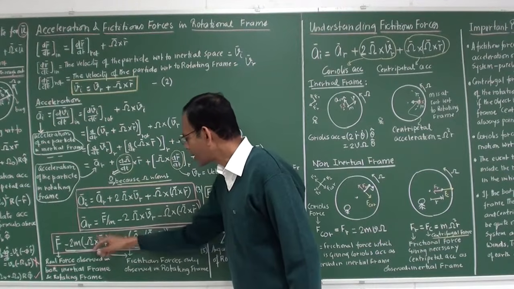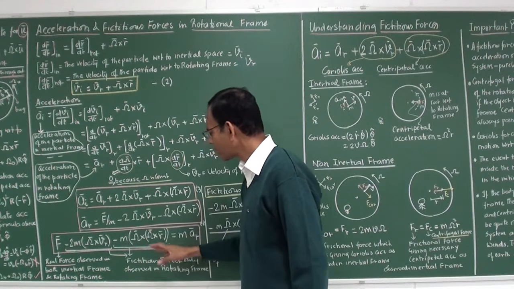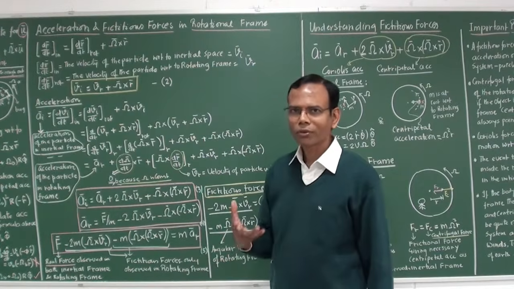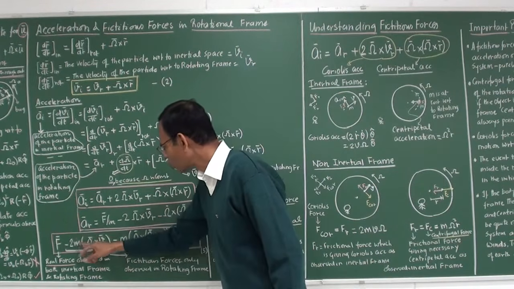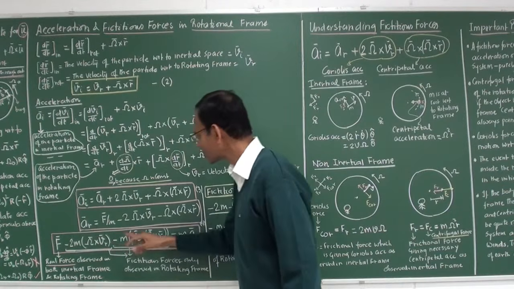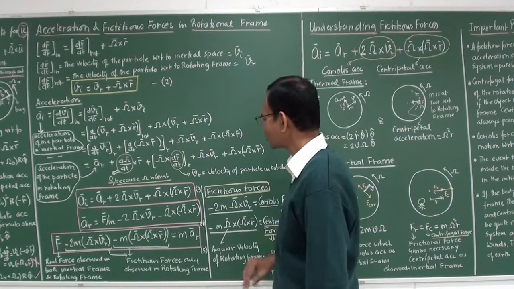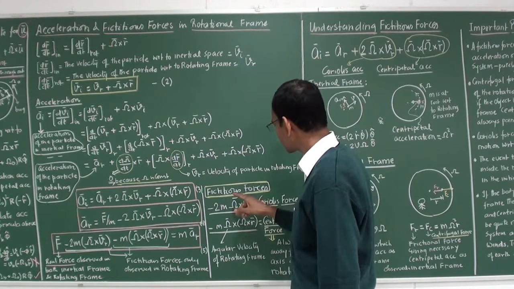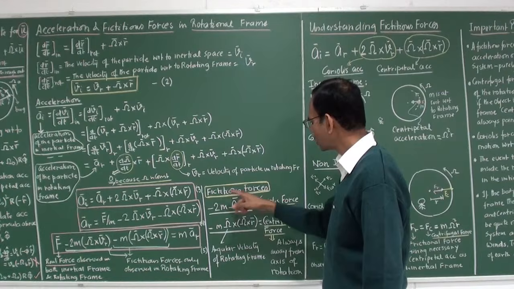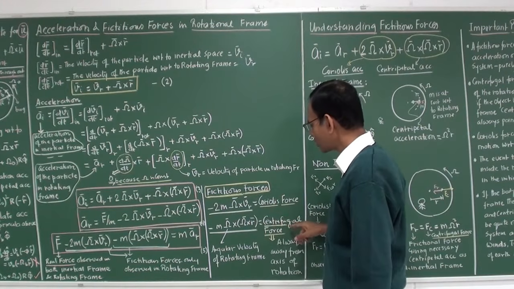These two expressions together constitute the fictitious forces. They are known as fictitious forces. This is the Coriolis force including the minus sign, and this is the centrifugal force. And this is what I have written over here, that this is the Coriolis force and this is the centrifugal force.